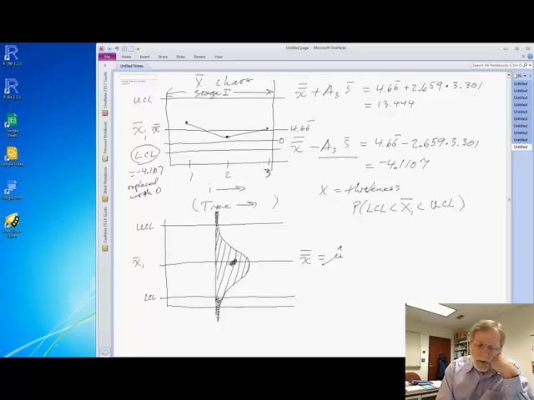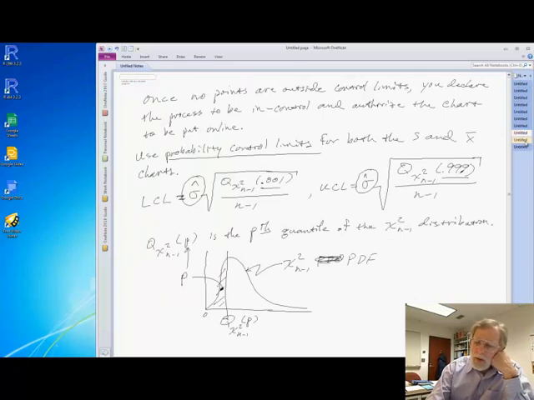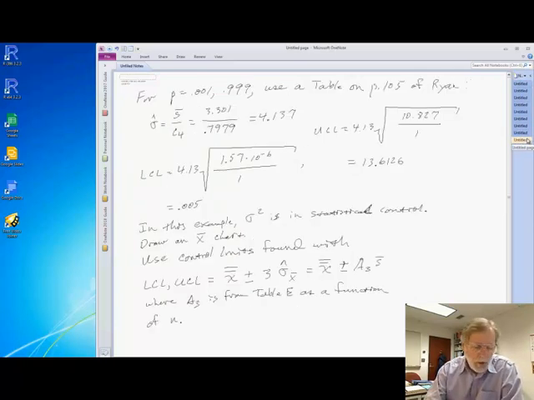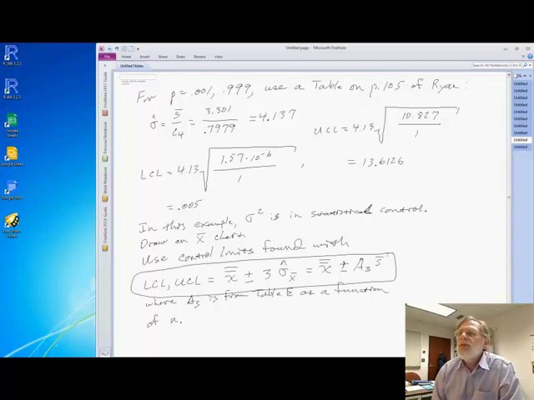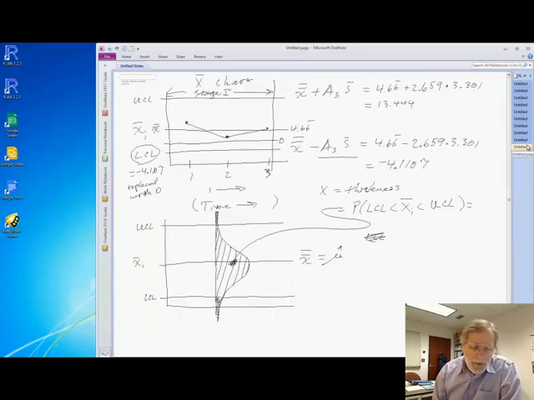So this shaded area equals this probability, and it turns out that if we use this formula for the control limits, where I first wrote them down, which is right here, then this probability is 1 minus 0.0027, which is 0.9973.